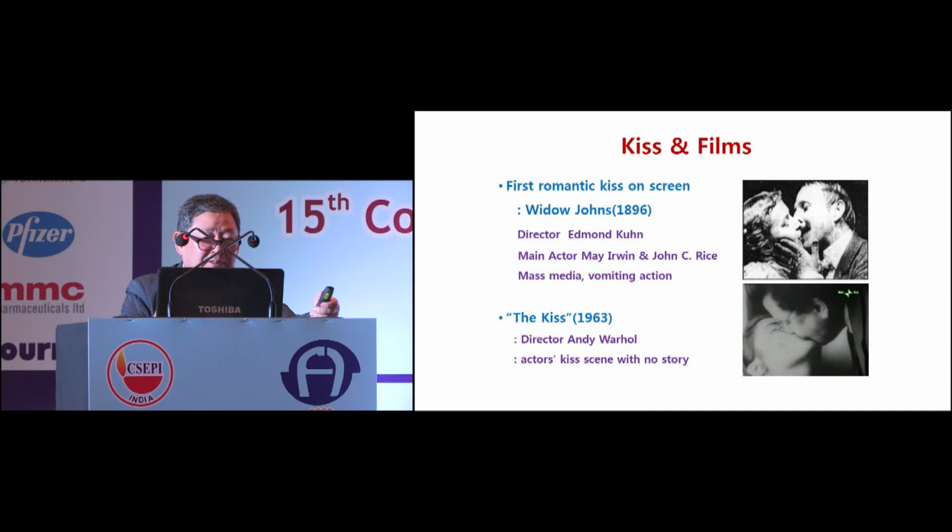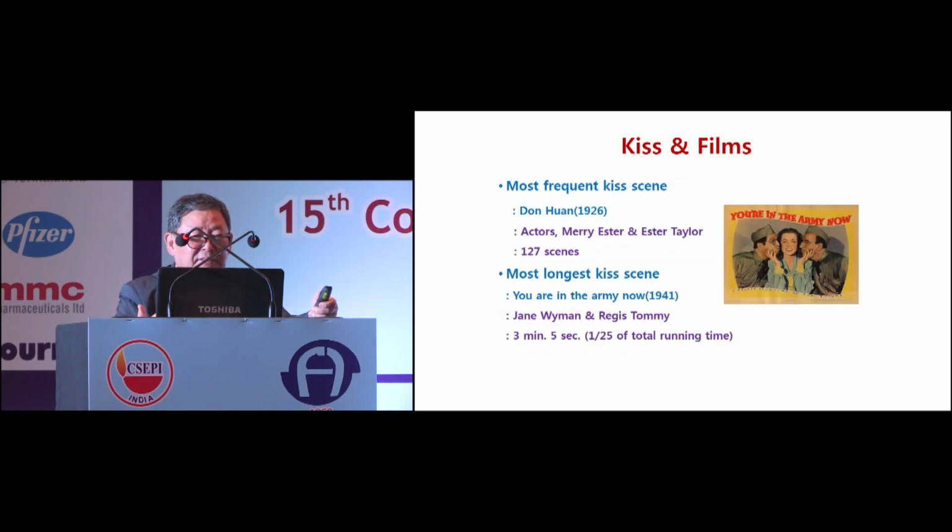He made a film of actors in a kiss scene with no story, only kissing. Until now, the most frequent kiss scenes were shown in the film Don Juan. The actors were Mary Astor and Esther Taylor.